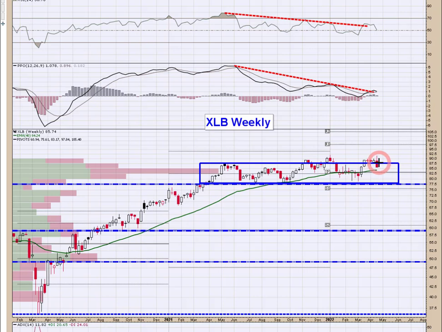What would change my mind is if this thing came down to the 40-week, bounced, and then broke out again. So you can mark 87.50 on your chart as a breakout level, but also have 77.50 as a target on your downside.